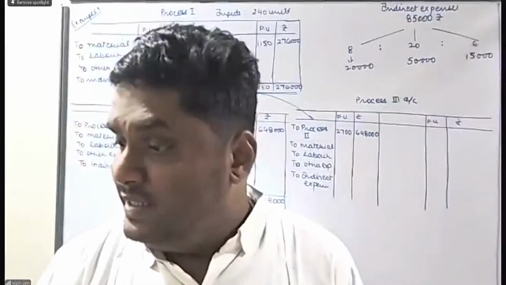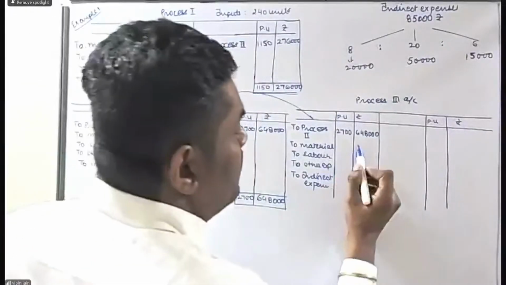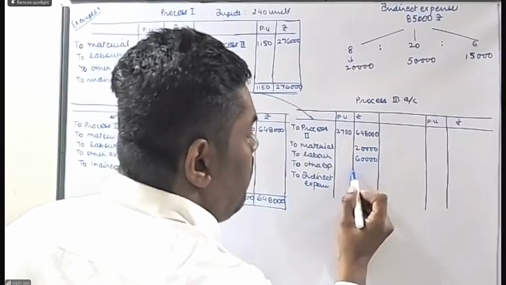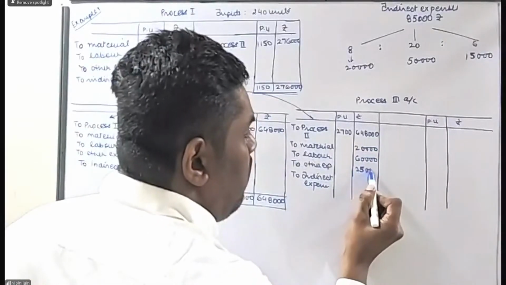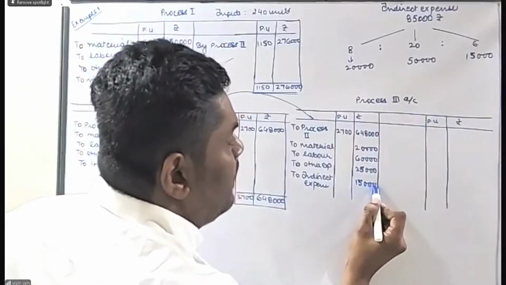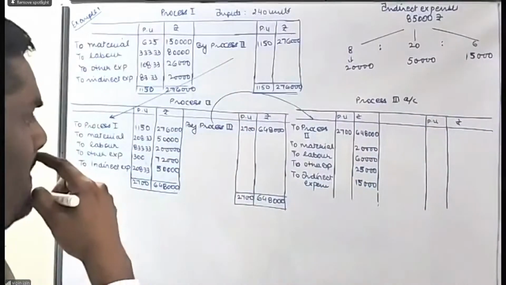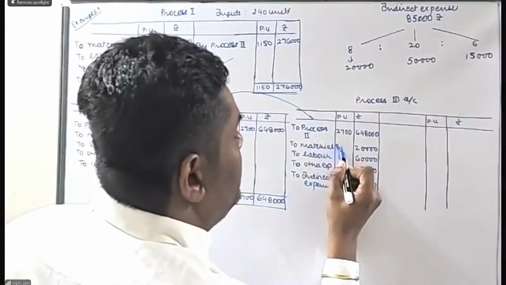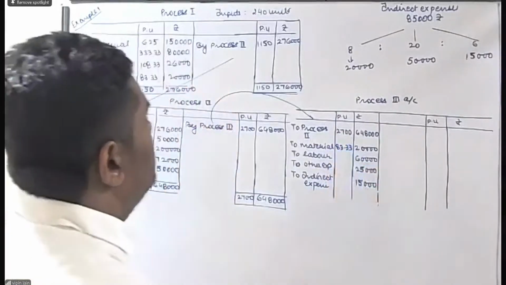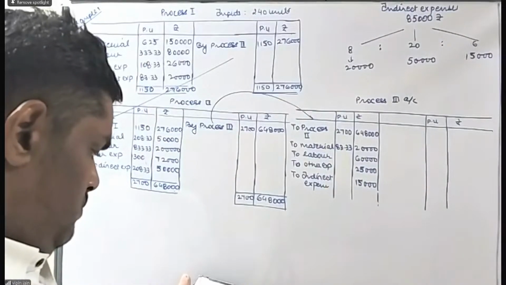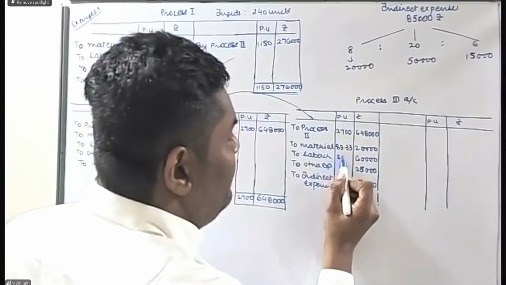So it's 20, 60, and 25. And the indirect expenses, that is 15,000. So this will be 83.33. This will be 250.